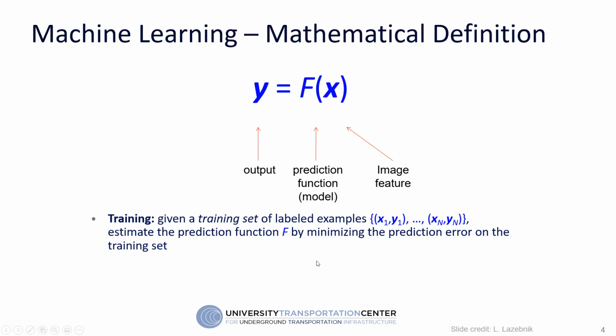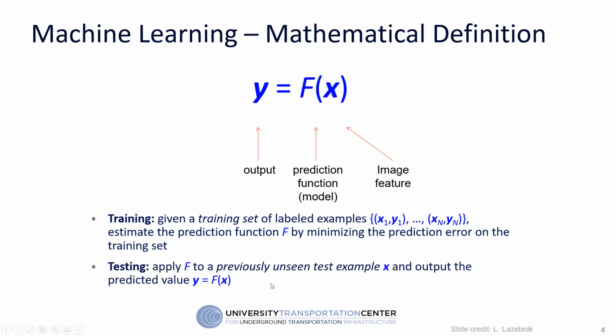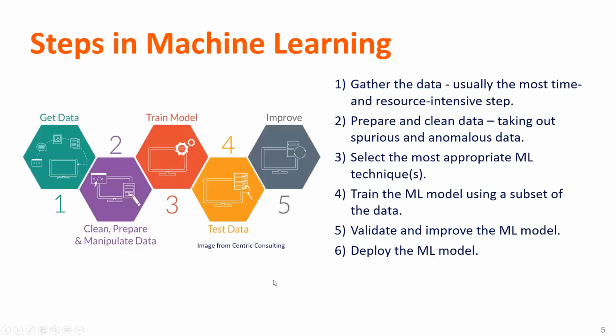Once we have the prediction function, we can then use it in the next stage, which is the testing stage, where we have a previously unseen set of test examples, and we try to predict the results.